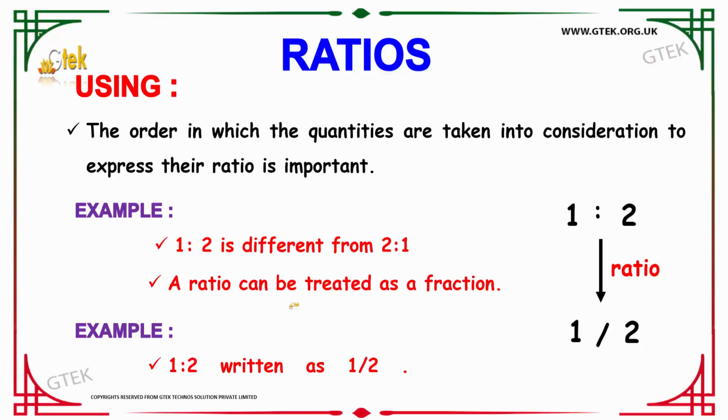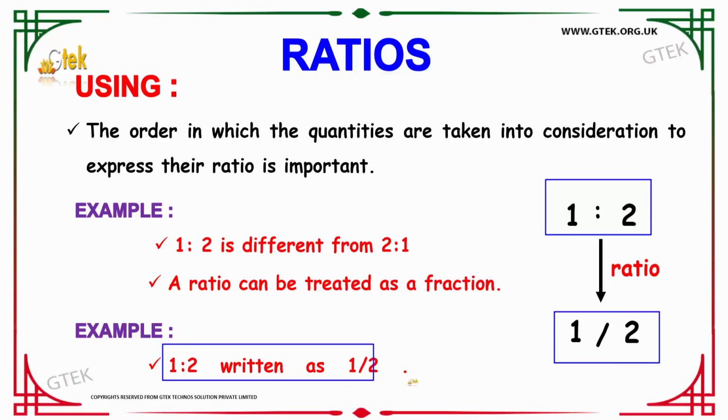Apart from that, a ratio can be treated as a fraction. So 1:2 is represented as 1 divided by 2. This is nothing but the conversion of how the ratio is treated as a fraction. So this is the example over here, 1:2 written as 1 divided by 2.